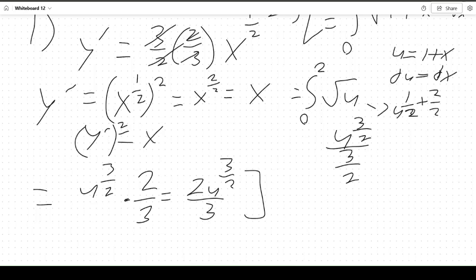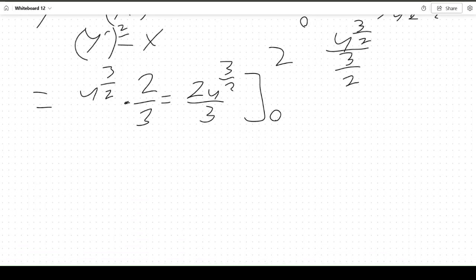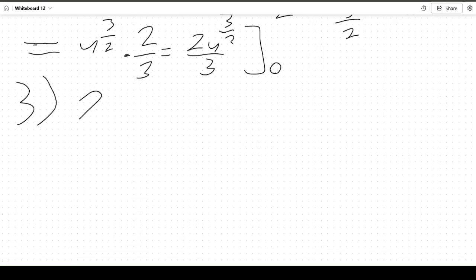And now we have to put in our values from 0 to 2. Let's move on to step 3.